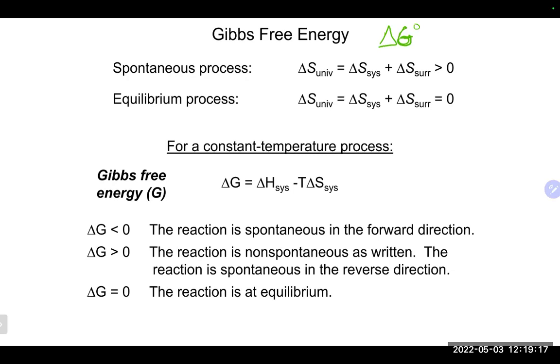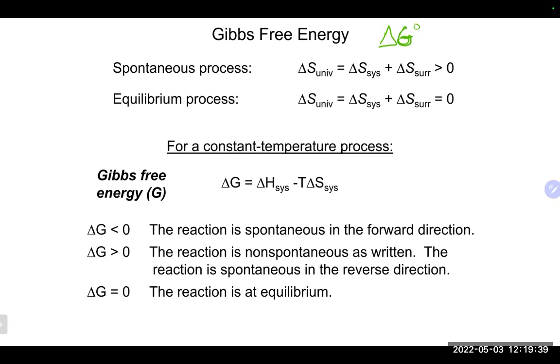So as we just saw, we could use our entropy to help us out. We could actually use delta G to directly decide whether or not a reaction will be spontaneous. If we calculate the delta G and it is negative, it will be a spontaneous reaction. If it's positive, it will be a non-spontaneous reaction.